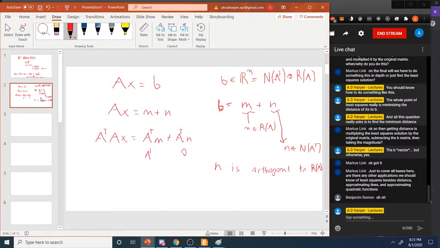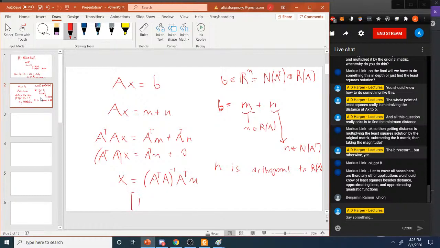So we just get A transpose m plus 0, and A transpose A times x is equal to this. So all we can do is multiply both sides by the inverse of A transpose A to find x equals (A transpose A) inverse times A transpose m.